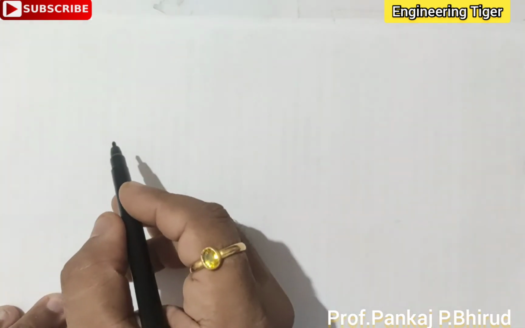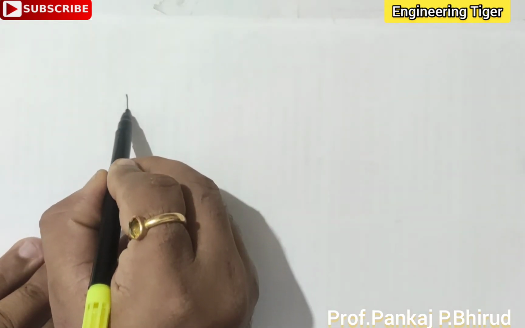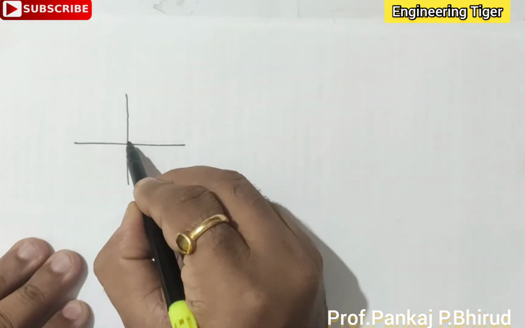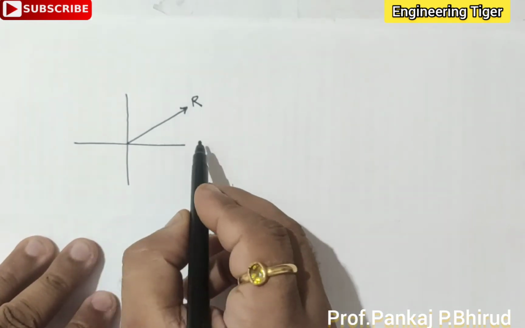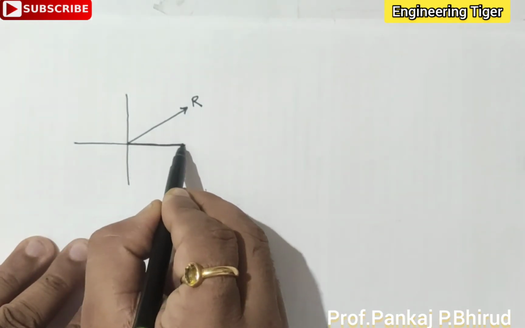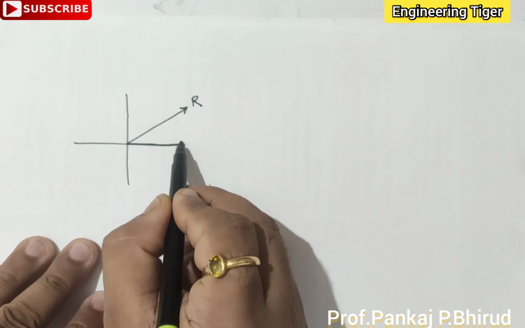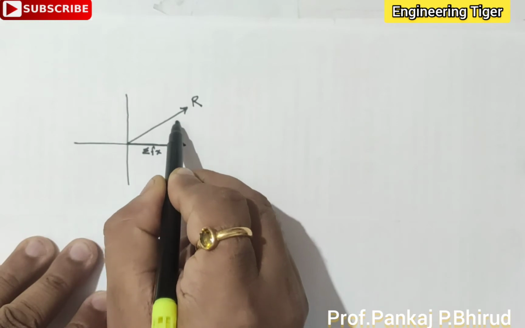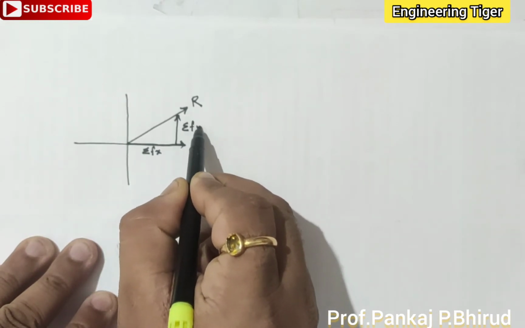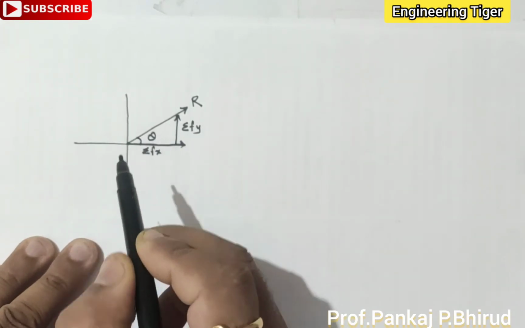Let the resultant be in the first quadrant. Its horizontal component is sigma Fx, its vertical component is sigma Fy, and this angle is theta.